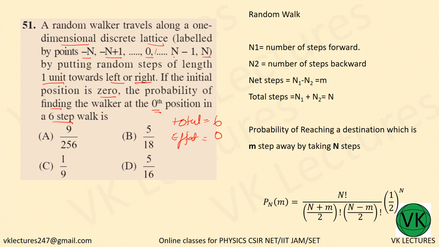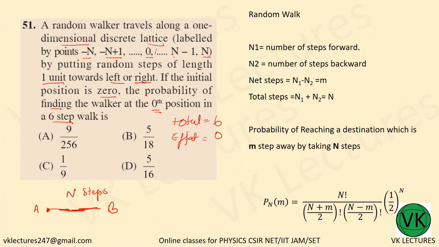A person, the random walker, is standing at A. He is taking some steps back and forth, towards the positive direction and negative direction, or towards left or right. Then after taking n steps forward and backward, he is in the same position, the 0th position.